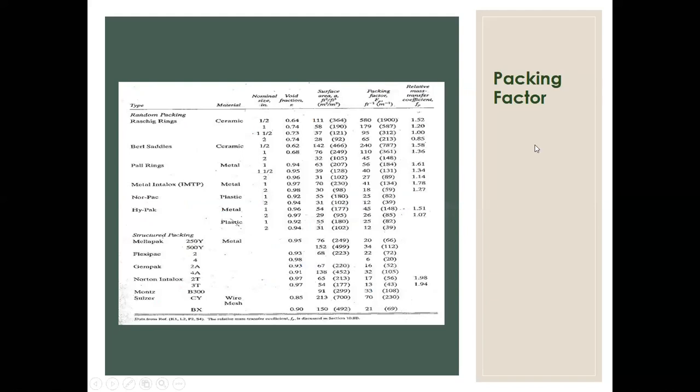As for the packing factor, your handbook gives you a more detailed, comprehensive set of tables just for the packing materials, and you will find the packing factors in that table. I only got a sample, and a similar one is found in John Copley's. In this column, you can see the packing factor in the unit of per foot, and this one is per meter.